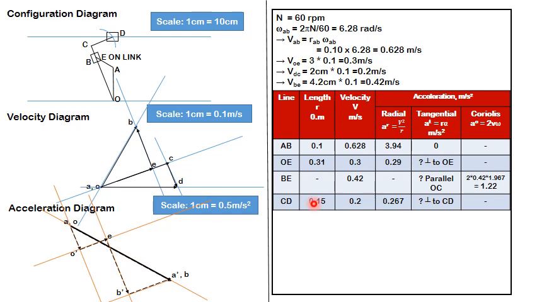Now I need to mark the acceleration diagram for CD also, but for this one I haven't located point C and point D yet. But I can easily locate point C based on the same theory which I used for the velocity diagram. If you remember how we marked point C, in the same way we need to mark point C on this diagram.